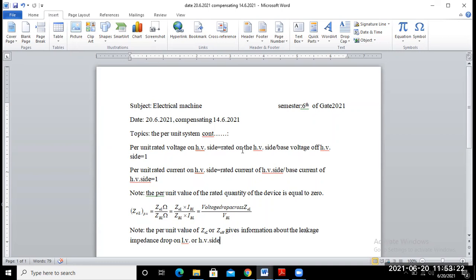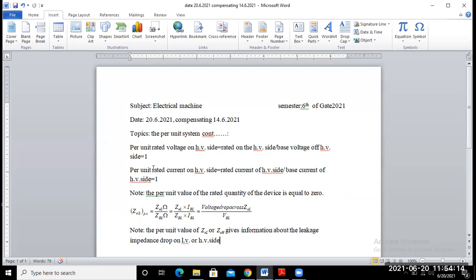So the per unit rated voltage on the HV side is the rated voltage of the HV side divided by the base value of the HV side. Whenever we choose a base value, we choose the maximum or highest value of that side or device. So the base value and rated voltage on the HV side are equal, these two cancel each other, and the per unit rated voltage on the HV side is equal to 1.